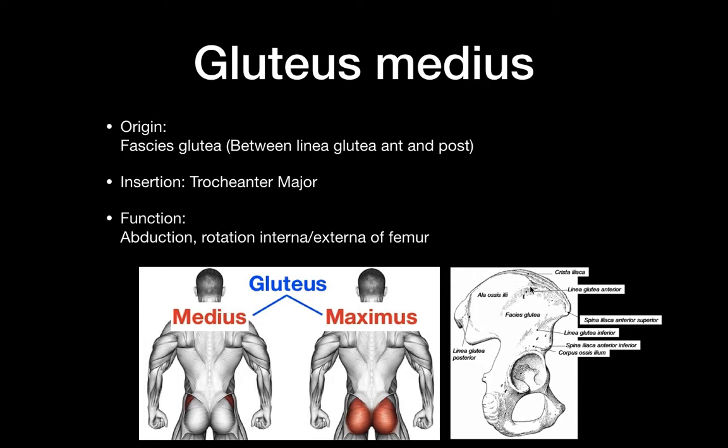So this is anterior linea glutea, this is posterior, it's going to originate around here, and it's going to insert at Trochanter major, the greater trochanter of the femur. The function of this muscle is to abduct the femur, and also rotate it internally and externally according to which muscle fibers are contracted. And you can see the gluteus medius here. It's actually located behind the gluteus maximus, and you can also see a little bit of it on the top.